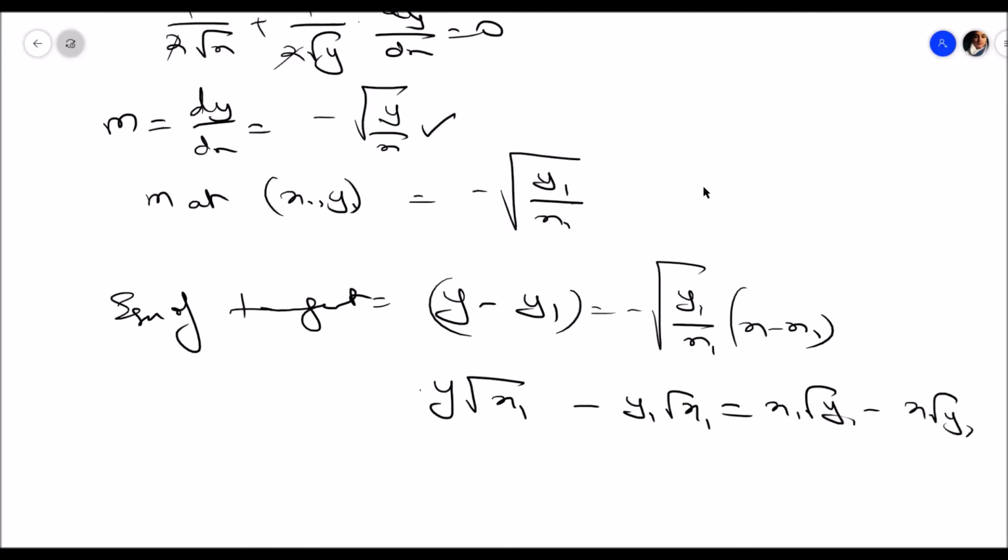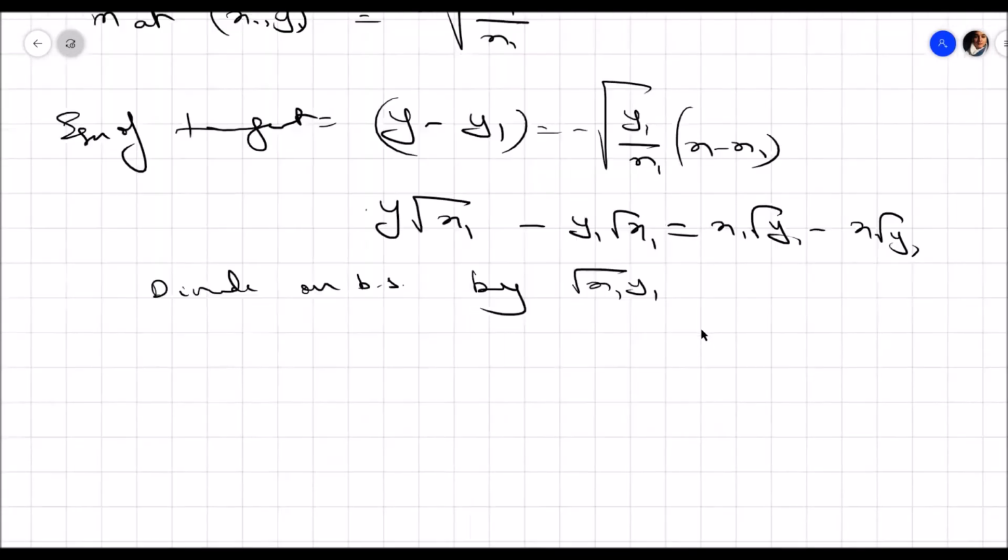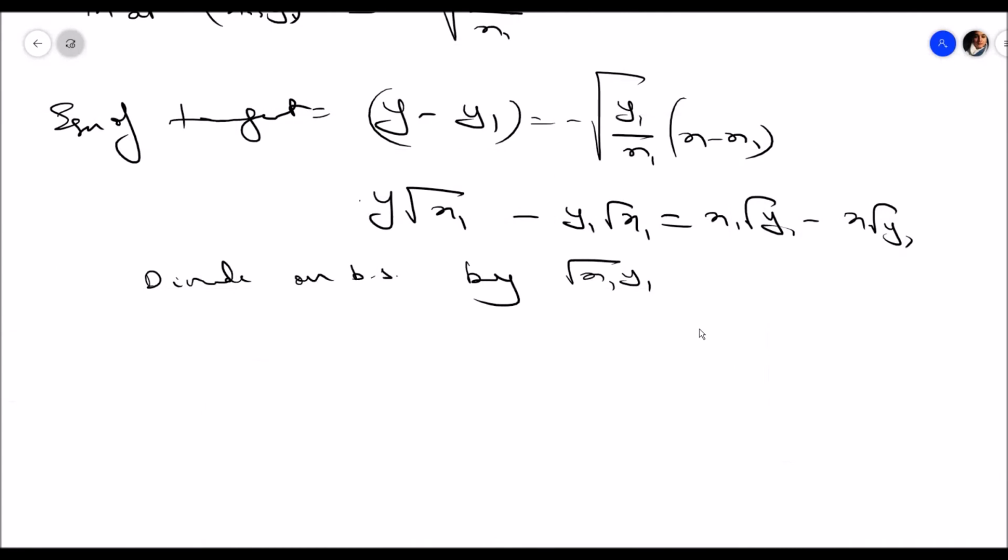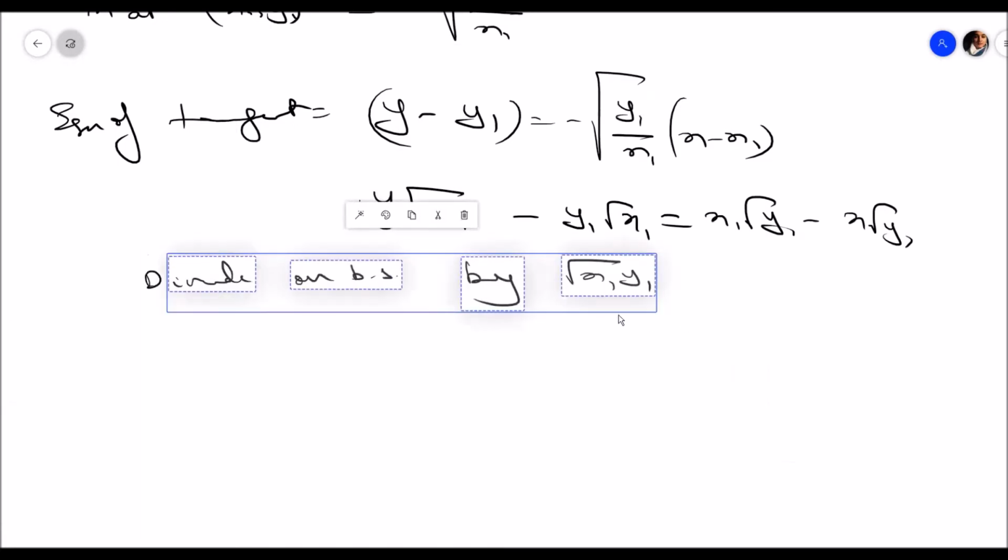Got it? So in order to get to what is exactly asked, what I'll do is I'll divide on both sides by root x1 y1. Before doing this step, I'll just do a small rearrangement of the terms.